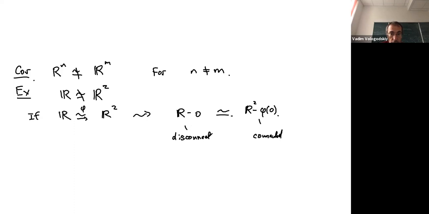So the idea is that from the point of view of algebraic topology, some topological homological invariants of Rn minus the origin and Rm minus the origin are different. For example, if you know what singular homology is, the most understandable proof uses singular homology.